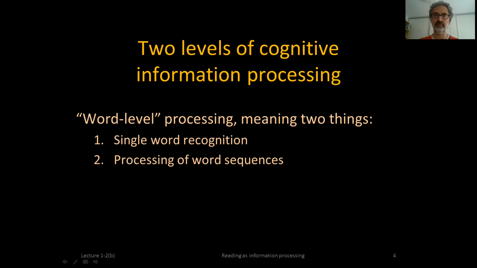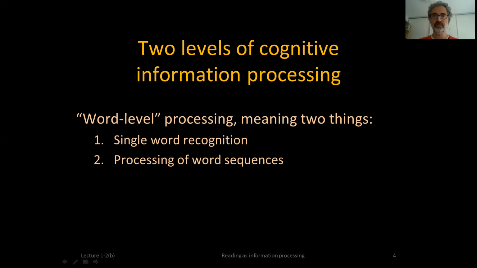That's also word level. So the ability to process words one after the other in a sequence is word level processing without doing anything about the structure of the sequence or about the meaning of more than a single word. So this only involves individual words and the ability to deal with them one after the other.